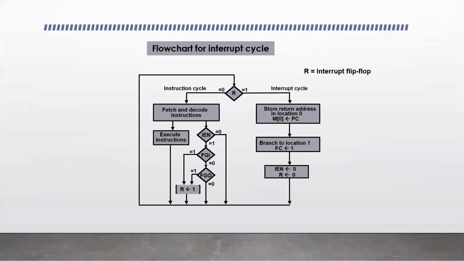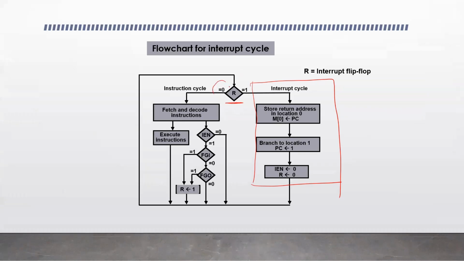So let's see this interrupt cycle. Here is a flowchart for the interrupt cycle. As I told you, the interrupt flip-flop R is checked. If it is 1, the interrupt cycle has to be done. This part is the interrupt cycle, and this part is the execution of other instructions. Initially, let's assume that R is 0.